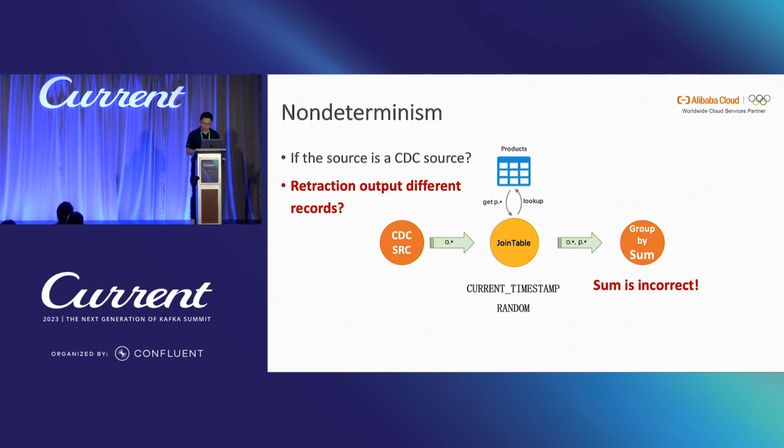For example, if a previous record joined a value of 10 and then joined a value of 15, the sum will subtract an additional 5. So the changelog relies on us to generate reliable retractions.